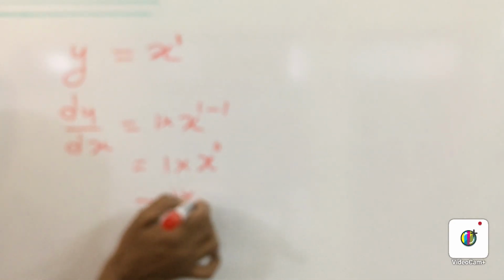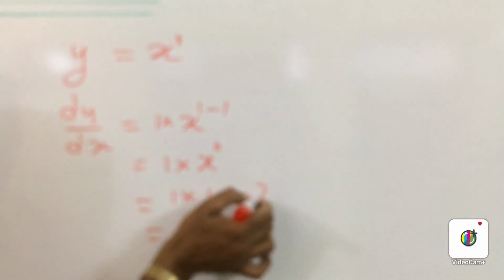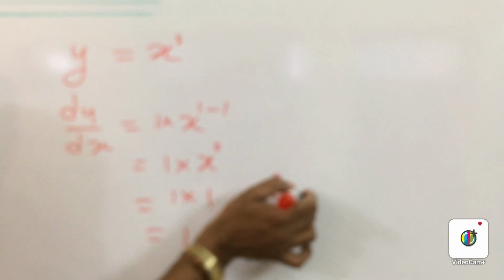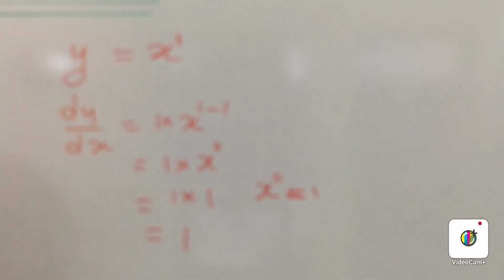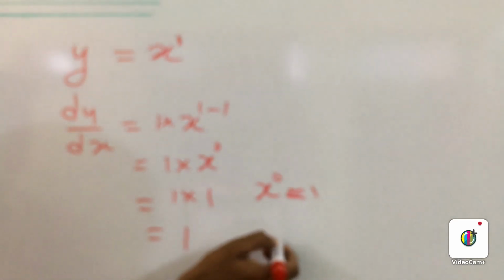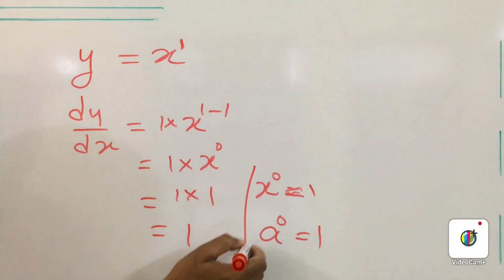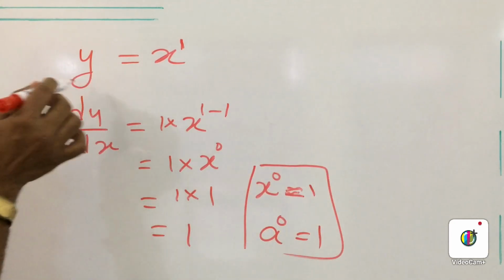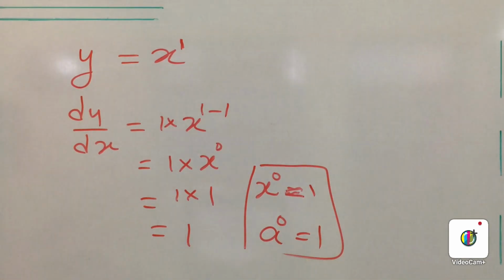Therefore, 1 into x to the power 0, x to the power 0 is 1. Any number to the power 0 is 1. Therefore, when you differentiate y equal x, dy by dx equal 1.